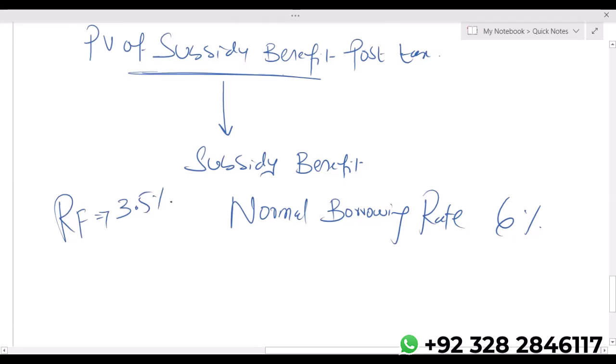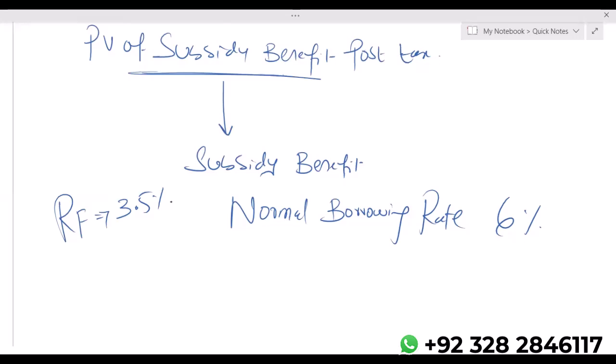An examiner says the government will give you the subsidized loan, and the subsidized loan rate will be 1.5%, let's say even lower than RF.